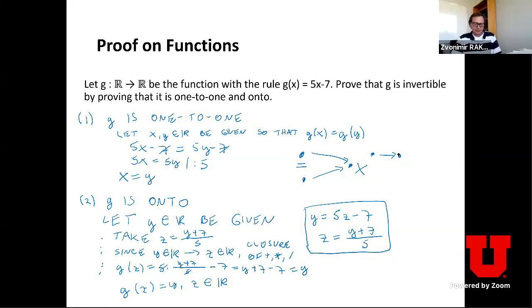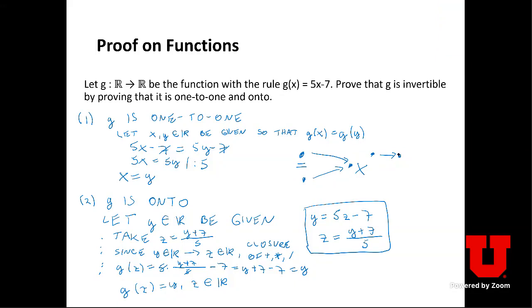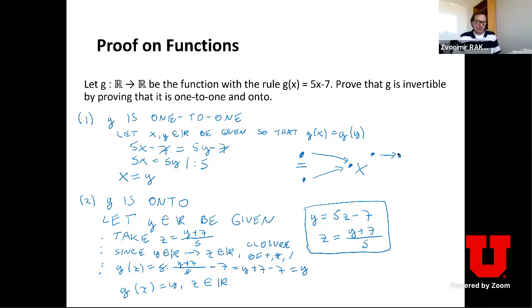Any other questions? Could you explain where the z comes from a little more? Yeah, in the onto proof. Okay, so yeah, the onto proof is harder than 1-to-1. So let's think about how to think about this. You're given some element in the codomain, and for that element that is given to you, you have to find some element in the domain such that g of z is equal to y.